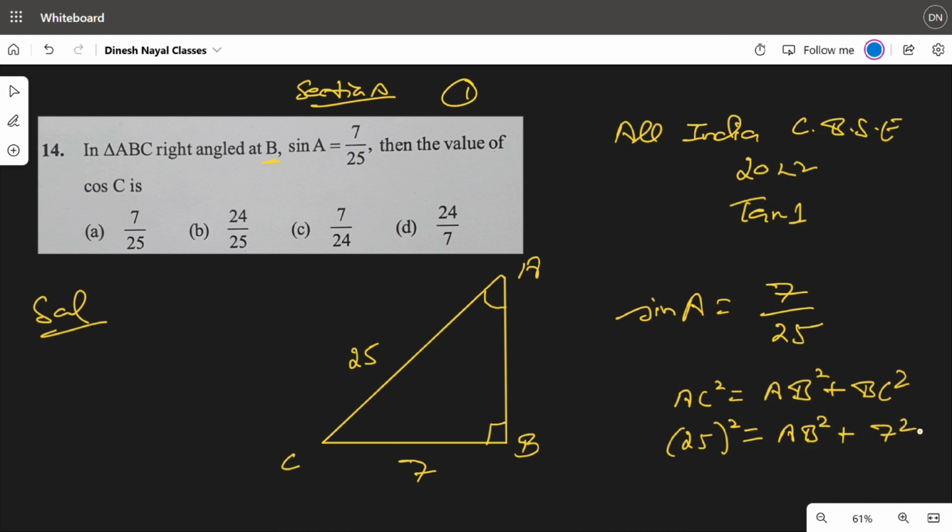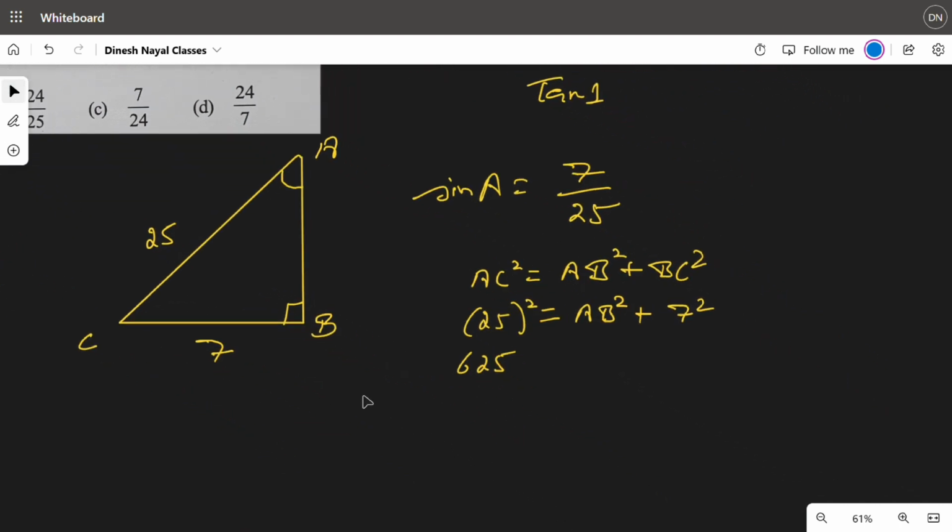So this is actually 625. We know that the square of 25 is 625, and this is AB square, that's what we have to find, plus 7 square is 49. Now you take 49 to that side, so 625 minus 49 is actually 576.